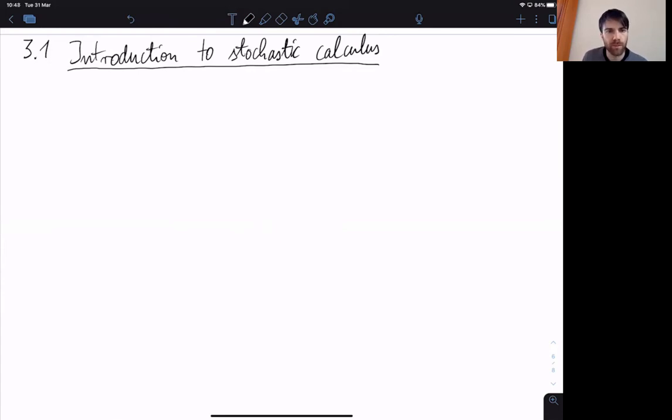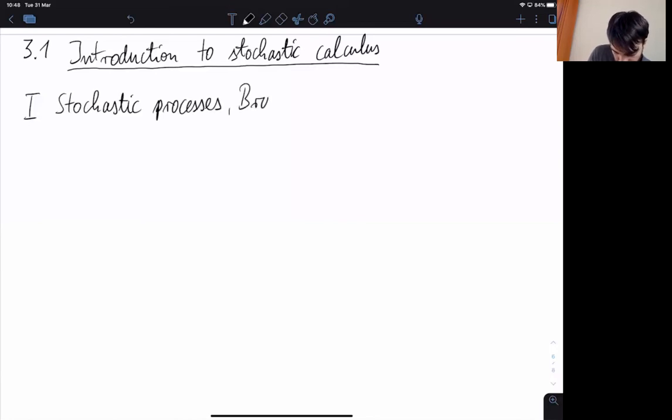There's a book, for example, by Oksendal. Maybe I can put it on the Moodle page, which is a good introduction, and I guess that's also what I'm mostly using. For the beginning, I want to start with stochastic processes and Brownian motion, and also martingales. So define what all of these things mean.